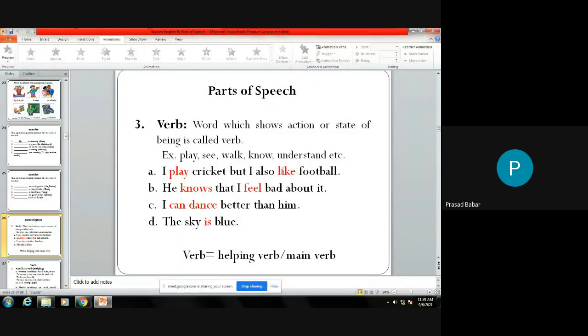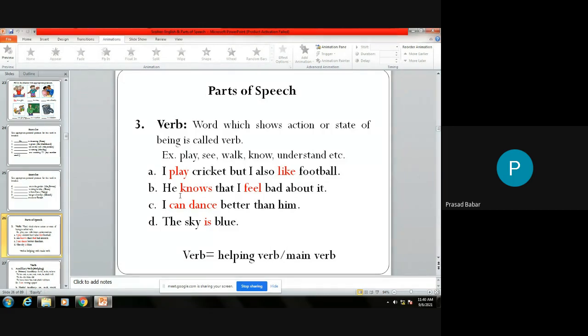The words which show actions or state of being are called verbs. So play, the highlighted word in red ink, play and like, these are the action denoting words. That is why they are called verbs.